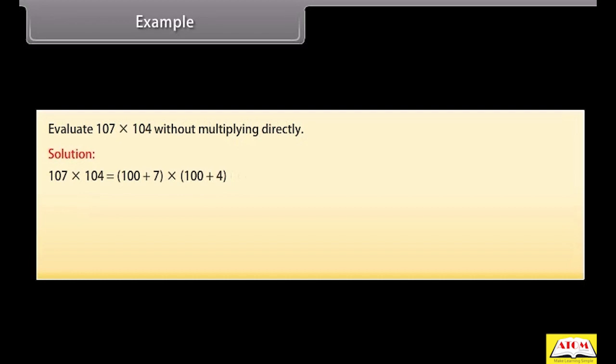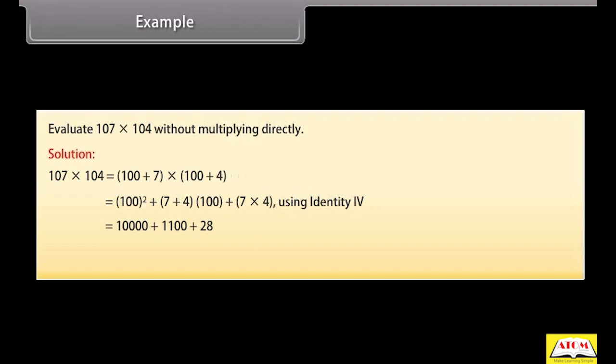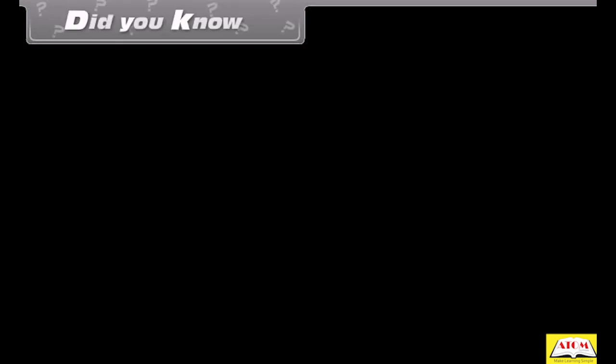Solution. 107 times 104 = (100 + 7)(100 + 4), which equals 100^2 + (7 + 4) times 100 + 7 times 4 using identity 4, which equals 10,000 + 1,100 + 28, which is equal to 11,128.